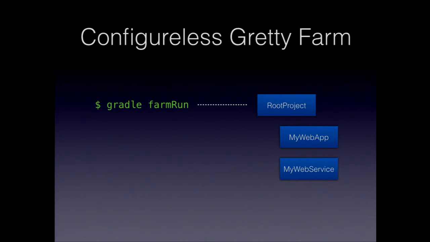And then you run this special task, farm run, not on the sub-projects, but on the root project. What Gretty will do, it will recognize that you want to run a set of web applications. It will scan all sub-projects, find which of them are web applications, and run them as a whole.